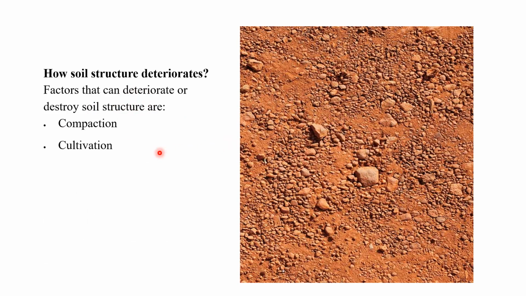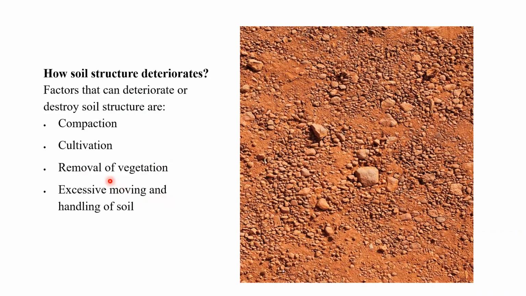If you are going for cultivation, suppose a farmer is plowing the soil, the structure below the ground level is going to be disturbed. Removal of vegetation, while removing the plants, the structure of the soil is also going to be disturbed. Excessive moving and handling of soil will also cause damage to the structures.